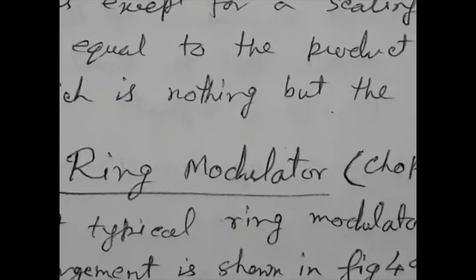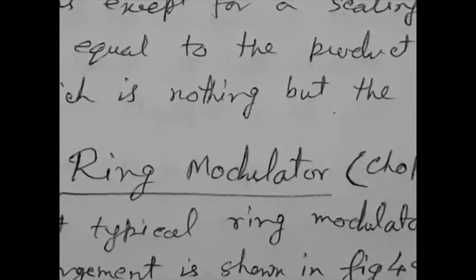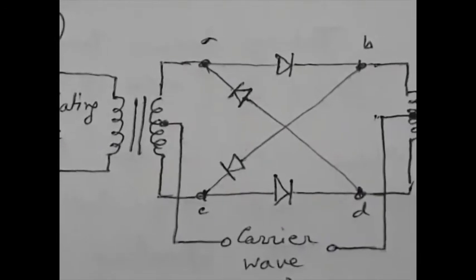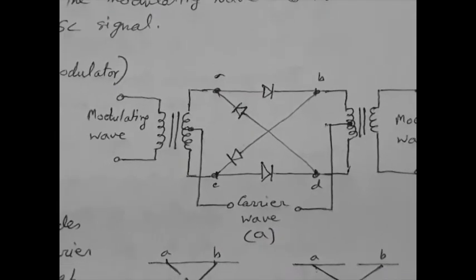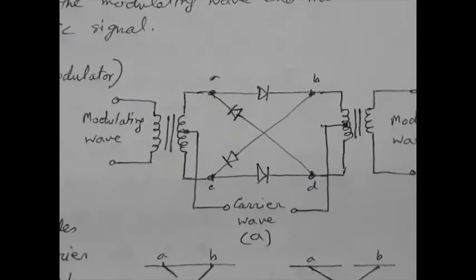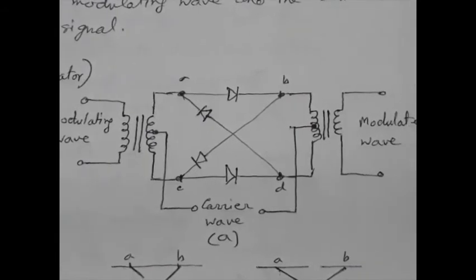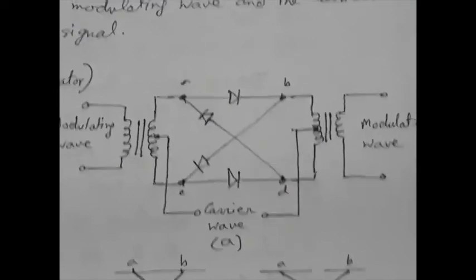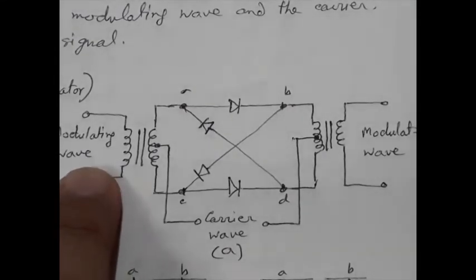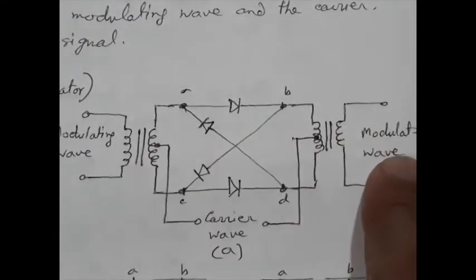Now we will consider another kind of DSB-SC modulator, which is called the ring modulator. It is also called the chopper modulator. The basic circuit is like this. This is the modulating wave. This is the modulated wave.